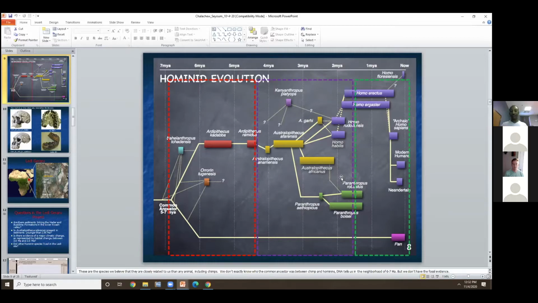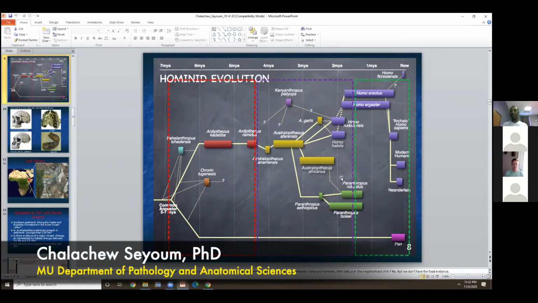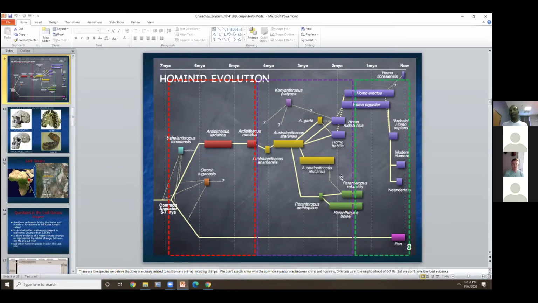So we ask what happened in the time period between 3 and 2 million, or especially between 3 and 2.5 million years ago. This is the time we believe the genus Homo evolved and appeared in the fossil record, so we suspect more fossil Homo in this time period.